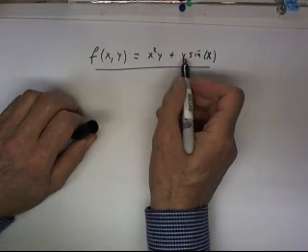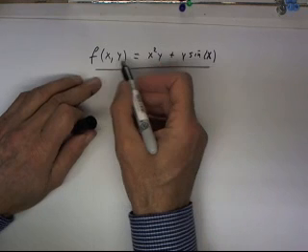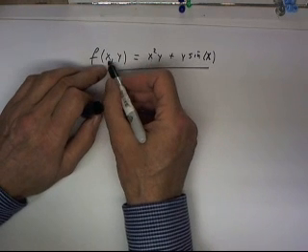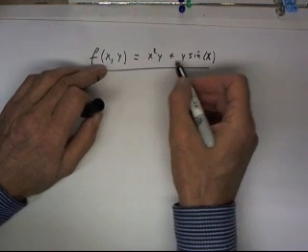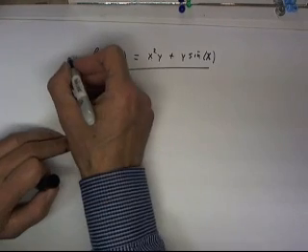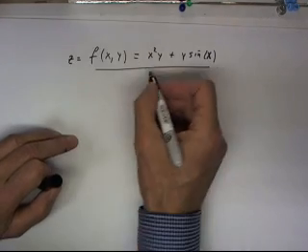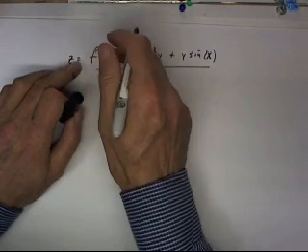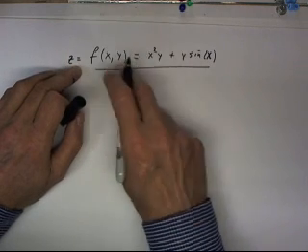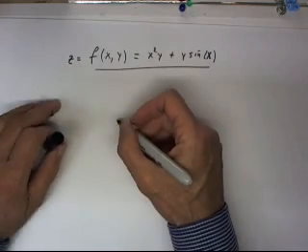For any values of x and y, we can evaluate this function, and we can let z stand for whatever we get when we evaluate this function of x and y.